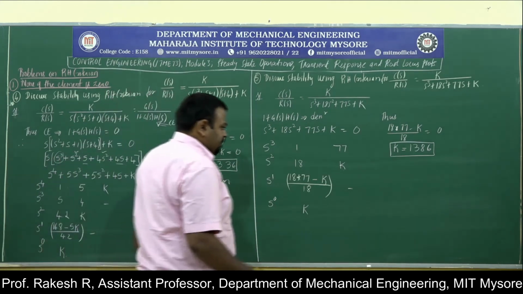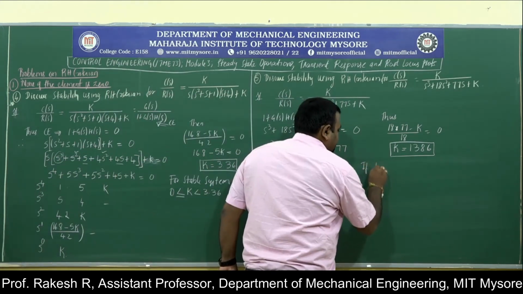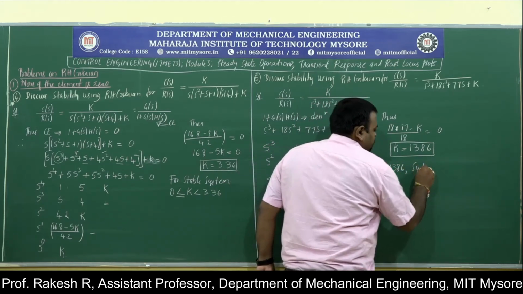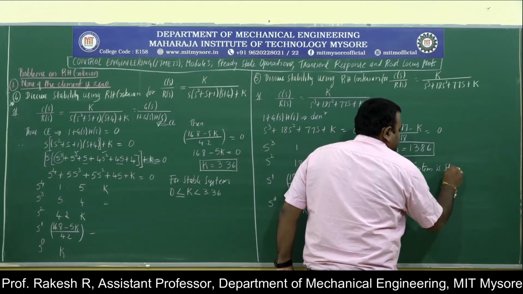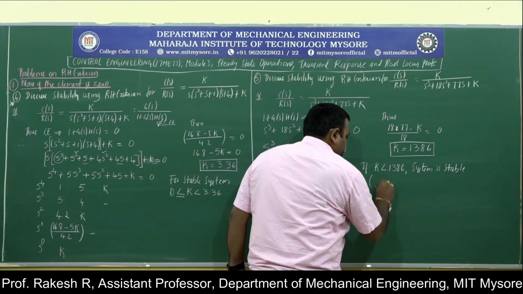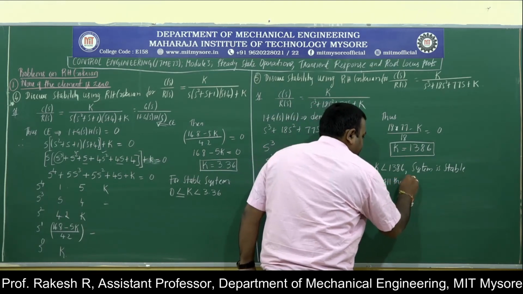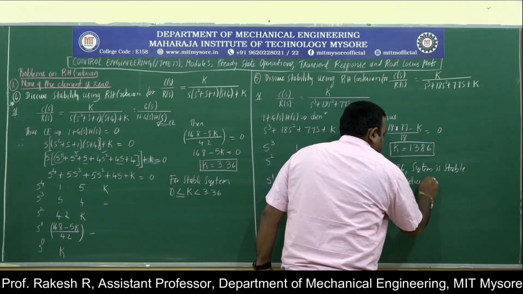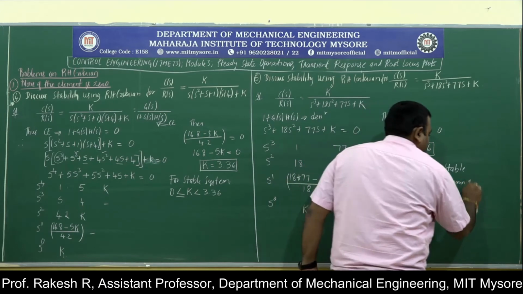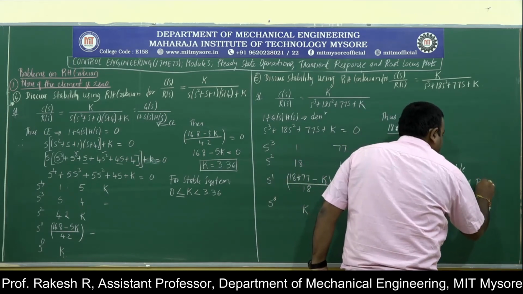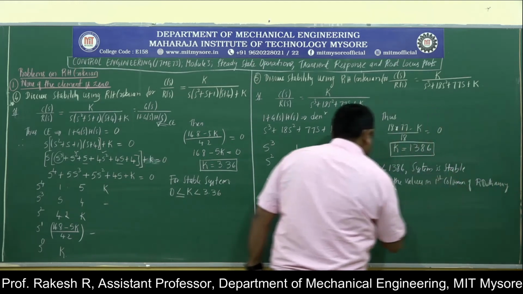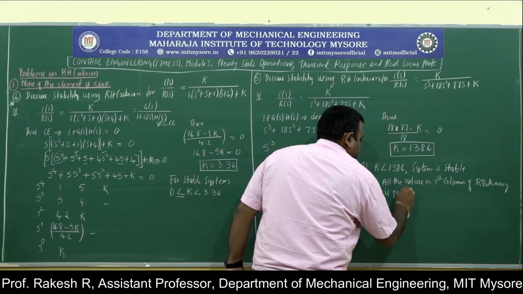Again, for a stable system, if k is less than 1386, the system is stable. Why is the system stable? Because all the values in the first column of the Routh array are positive.